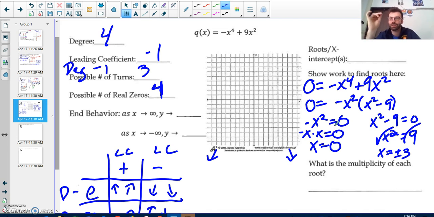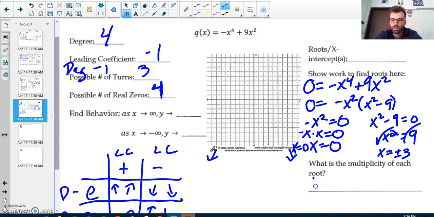I could set each of those pieces, the negative x and the positive x, equal to 0, which would give me 2 zeros. It's tough to understand when 0 has a multiplicity of 2 sometimes. However, I like to think of it like this because I'm writing it twice. So 0 has a multiplicity of 2.